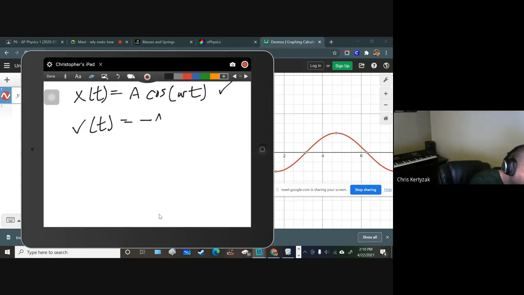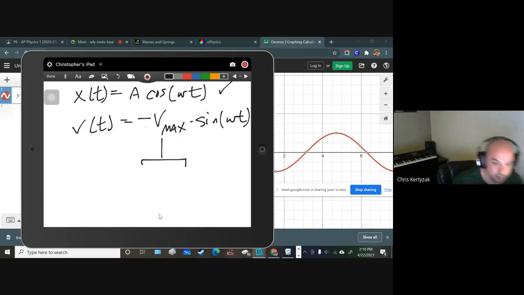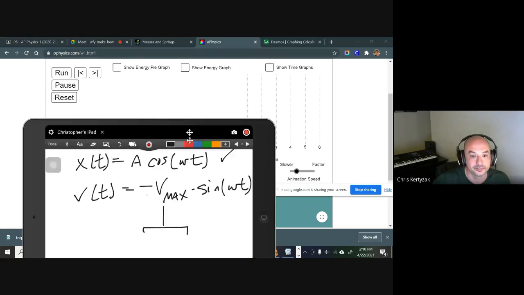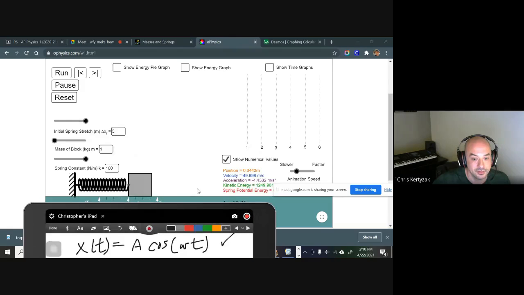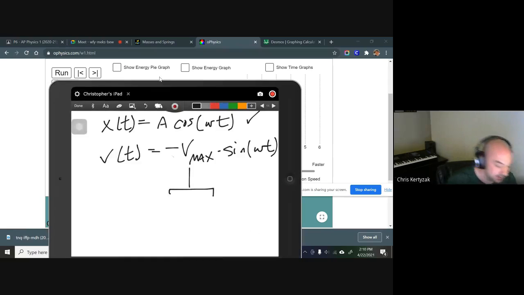In fact, let's just write it like this. Write a negative first: negative V max times sine omega T. However, I haven't proven this to you, but experiments can be done to prove that it's true, that the maximum speed it has as it passes through the middle, after you've released it, in meters per second happens to be equal to A times omega.